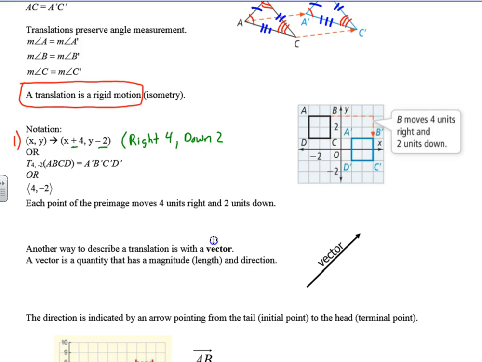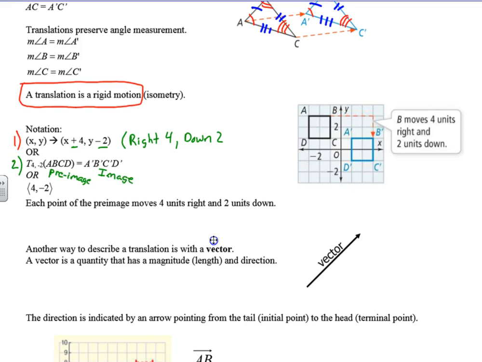The second way we can write that is with a capital T. So that's a translation of 4, negative 2. And when it's written in this way, what is put in here is the pre-image, and this is the image.